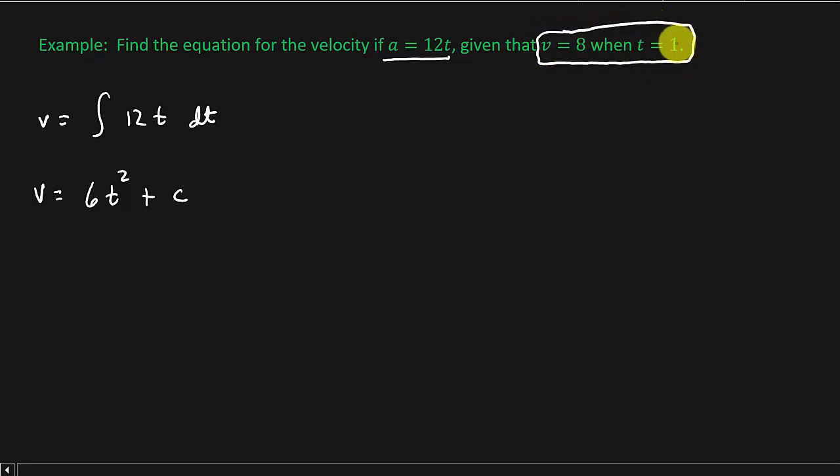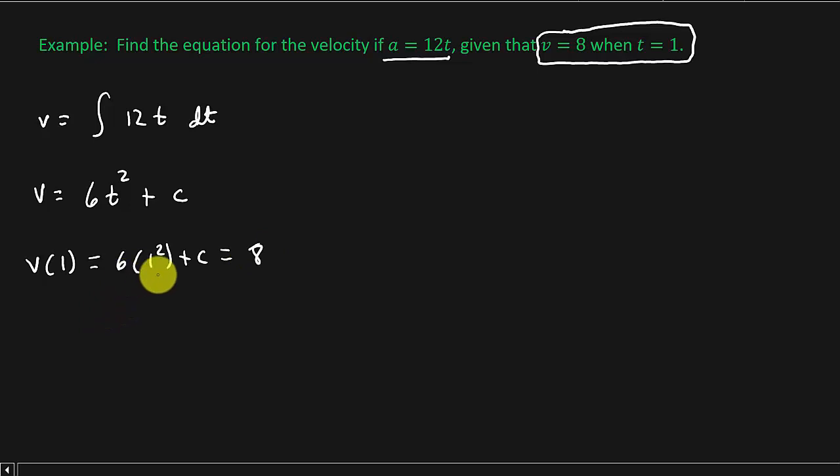Now, what is this information doing? Well, this is telling us we can plug 1 in for t, and when t is 1, the velocity v is 8. That's going to allow us to solve for c. So v of 1 equals 6 times 1 squared plus c, and that should equal 8.